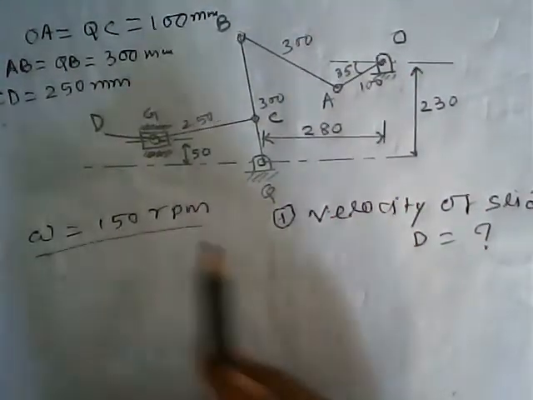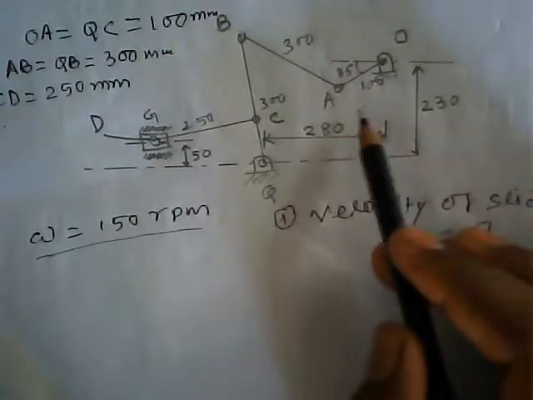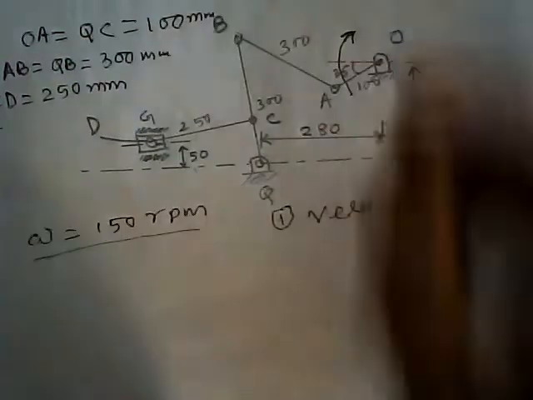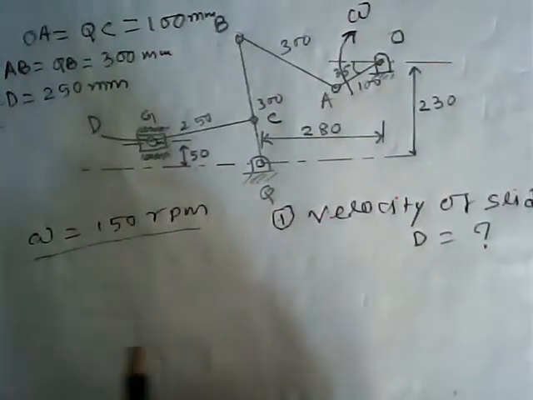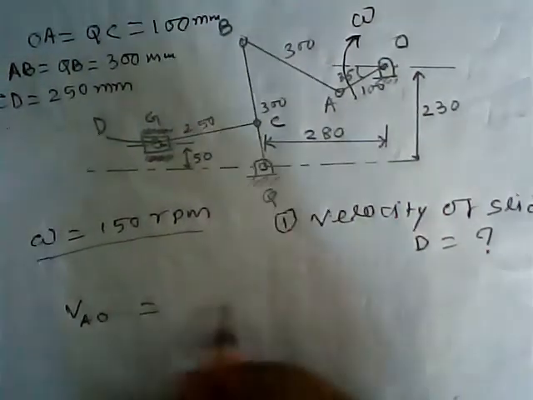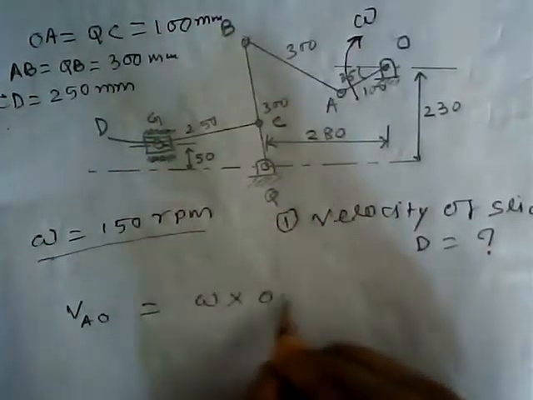So if omega is given of crank OA, and that is in clockwise direction, the velocity of A with respect to O, the velocity at the point A, is omega into distance OA.